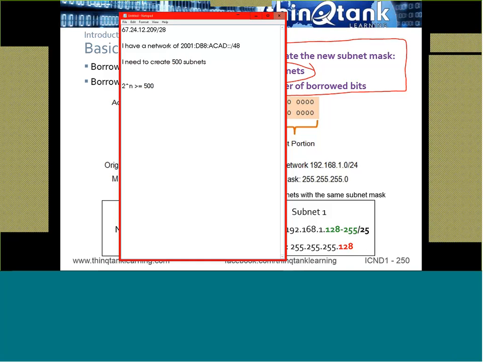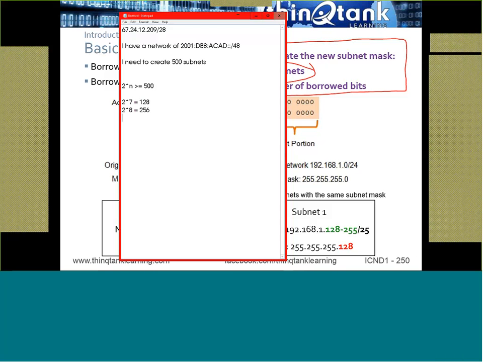I didn't miss the 0 in DB8 because I wrote the shorthand version. Remember, leading zeros in IPv6 are not necessary. It's still there. I just didn't write it down. So 2 to the power of 7 is equal to what? 128. So 2 to the power of 8 is equal to what? 256.